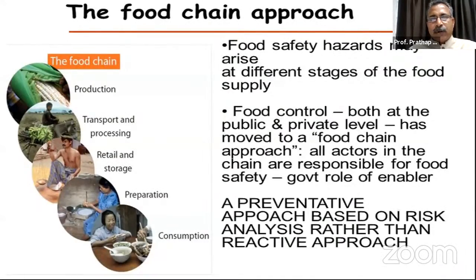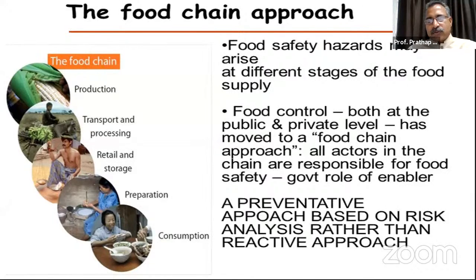Therefore, when you are talking about modern food regulation, we call it the food chain approach. Food chain approach means starting from production all the way to consumption, that is transport and processing, retail and storage, and preparation, and all the way to consumption. That means every stage is considered a control point, out of which there are critical control points which will be already identified based on the product and the process.